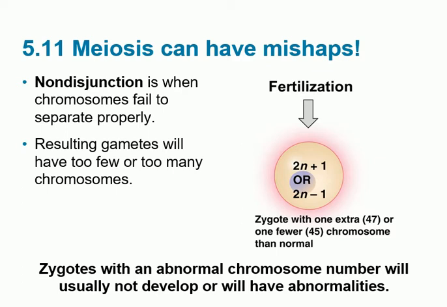Here are the spindles or the threads. What is this called? These are the spindles. What is this? Centromere. So the spindles are going to pull, and this set's supposed to be here and this set's supposed to be here. Is that okay so far? So here's what's going to happen.